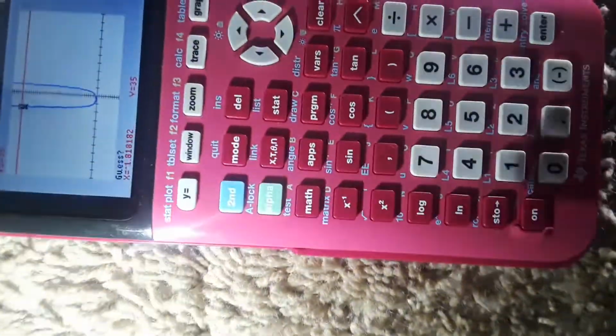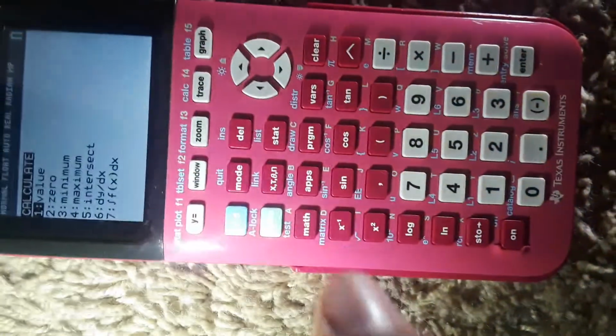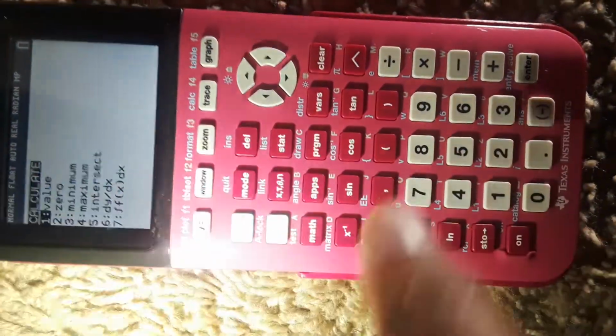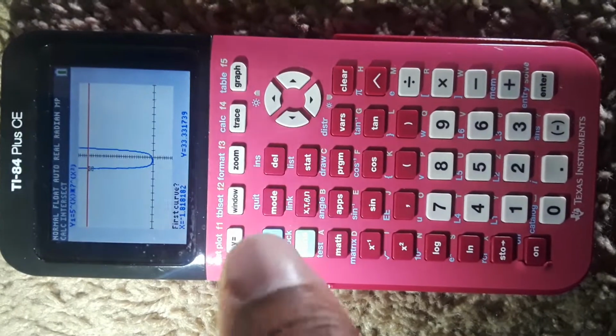So we have to hit second trace again, and then choose intersect, which is option 5. And this time we want to hit the right arrow key.